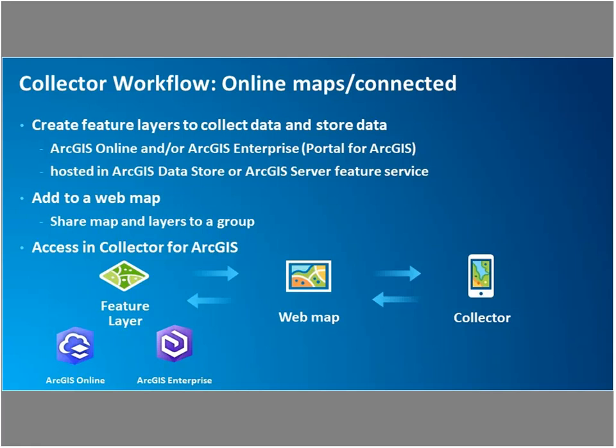If you're supporting data from ArcGIS Enterprise, you can host it in your portal for ArcGIS, which is just a component of ArcGIS Enterprise, hosted in your data store, or you can actually serve data coming from ArcGIS Server from an enterprise geodatabase, and you can serve that to your WebGIS and make that available to your Collector users.